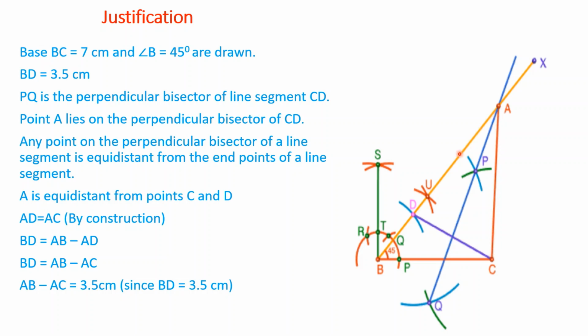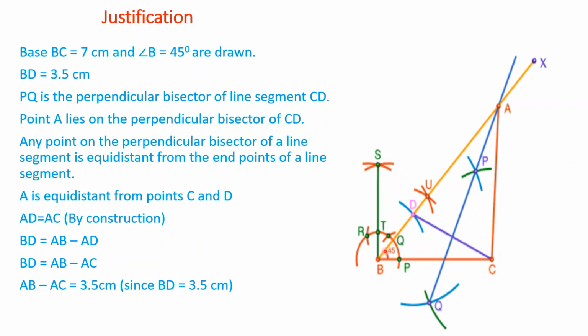Here clearly you can see AB is greater. We have drawn base BC 7 cm. We have also drawn this angle 45 degrees, and we have extended this line, and BD is 3.5, which is the difference between AB and AC.